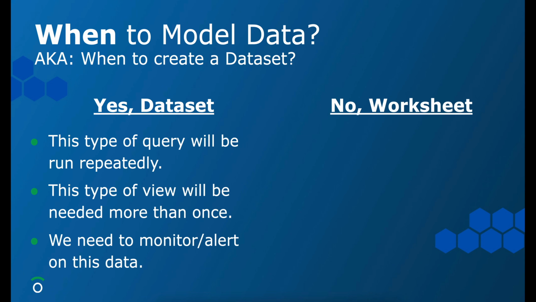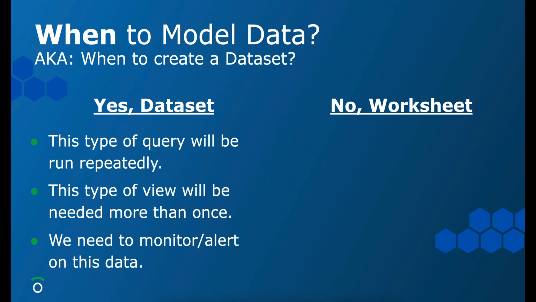But there are cases where we would not want to model our data and publish it into a data set. Maybe we just want to model data and save it as a worksheet. Worth noting here, we're still modeling data at the end of the day, but the difference is in whether we publish a data set or just save it as a worksheet.